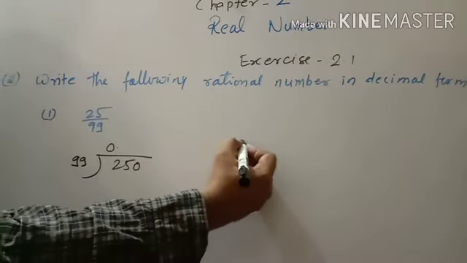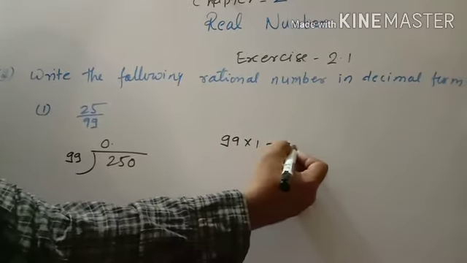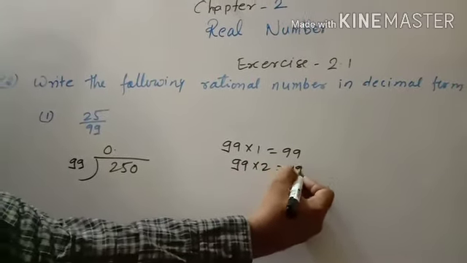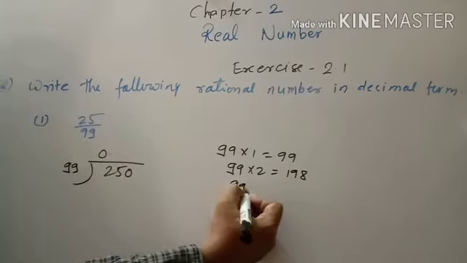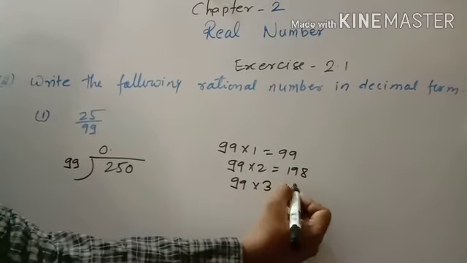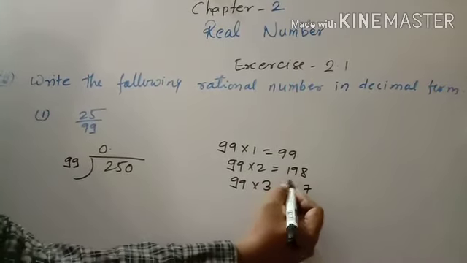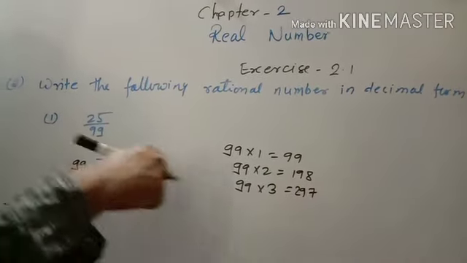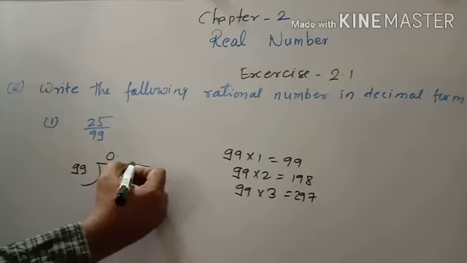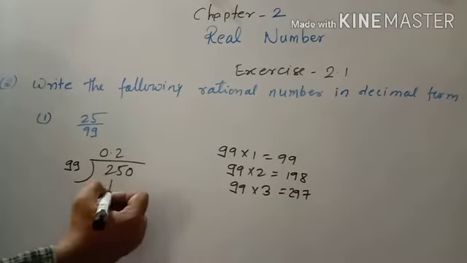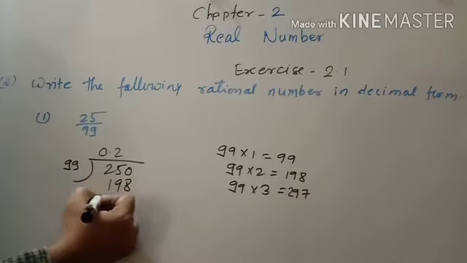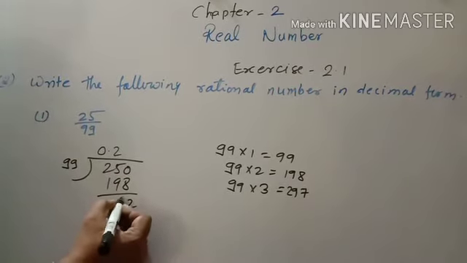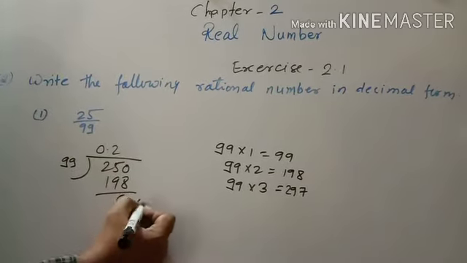Now 99 into 1 is 99. 99 into 2 is 198. 99 into 3 is 297, which is more than 250. So we take 2. This is 198. 10 minus 8 is 2, 14 minus 9 is 5. And this again we put 0.